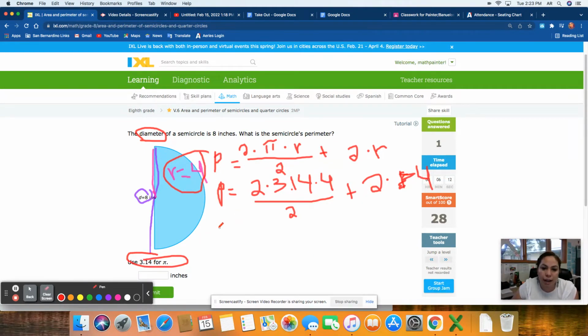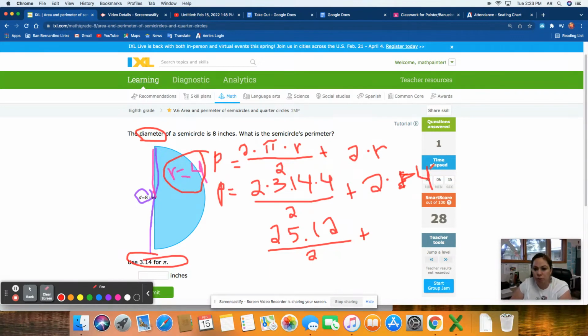All right, so now we're going to multiply the top numbers and then divide. So 2 times 3.14 times 4 equals 25.12. Divided by 2, we didn't do anything on this side.